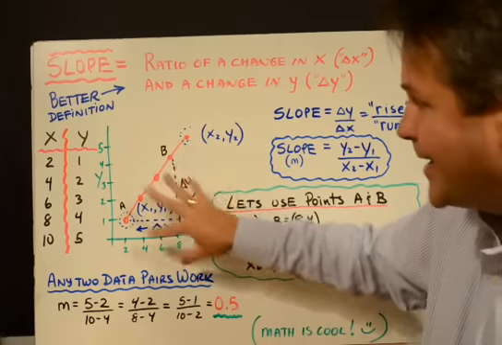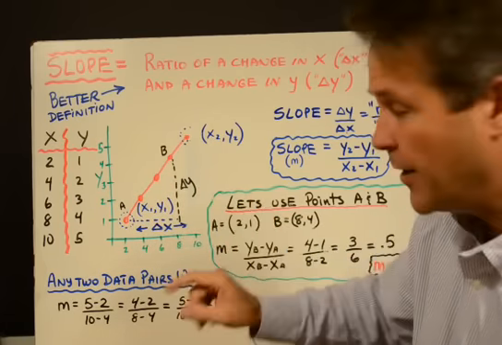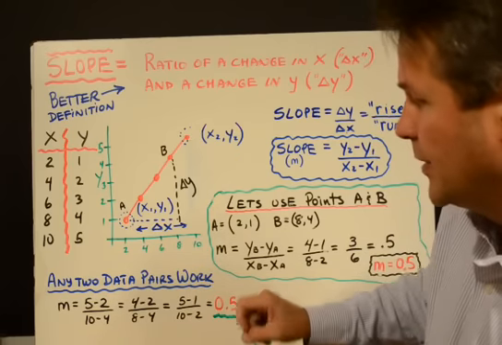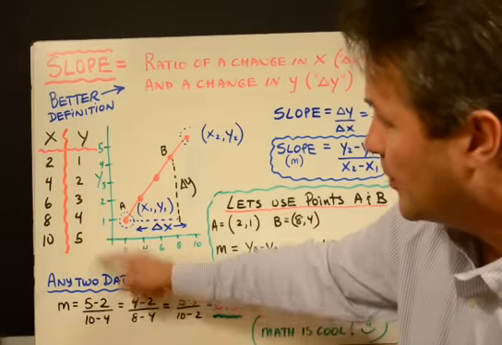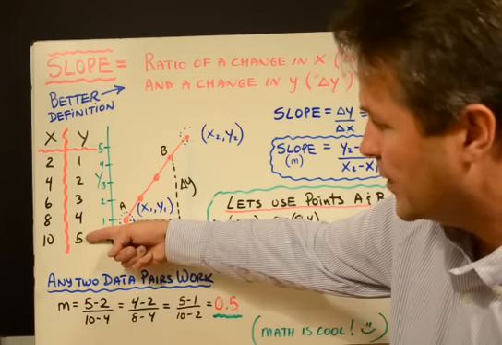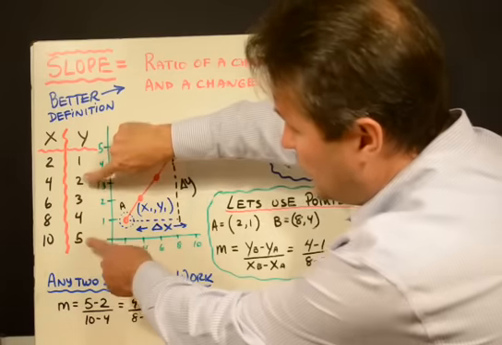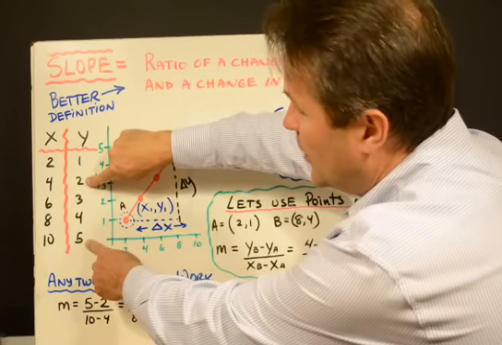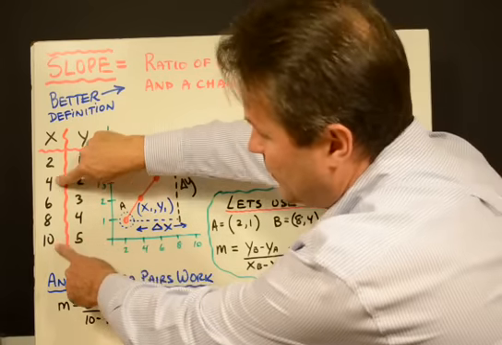Now we can pick any two data pairs to figure out the slope of this line. There are a couple of examples here. I've picked this one right here and this one right here. On the y-axis, the rise is 5 minus 2, and on the x-axis, 10 minus 4.